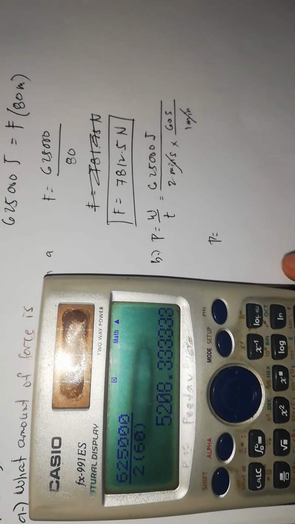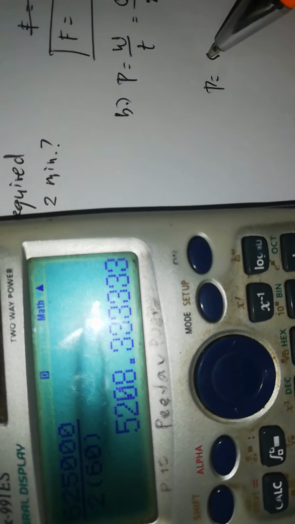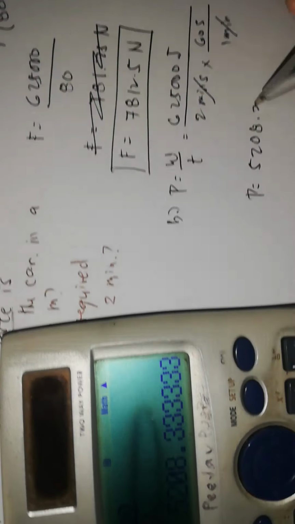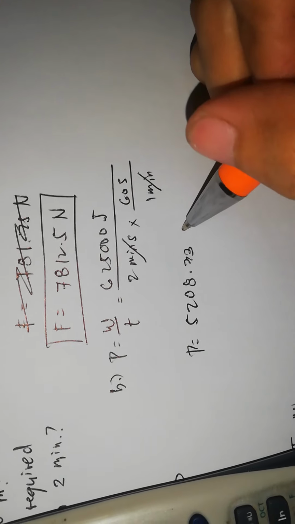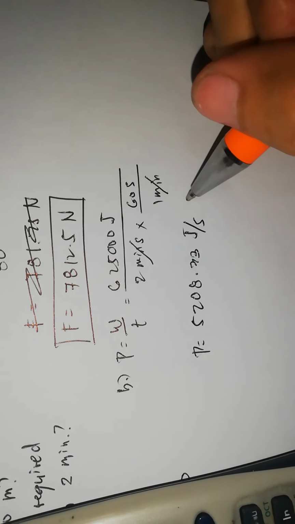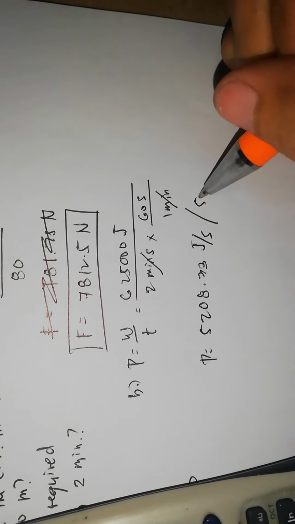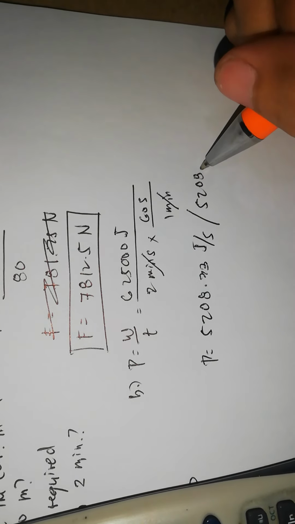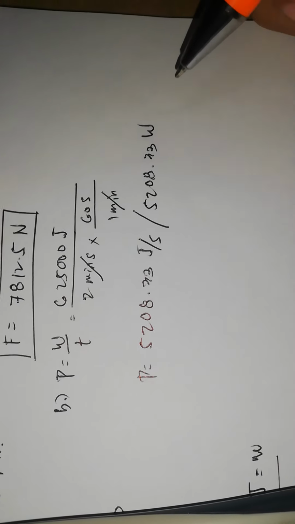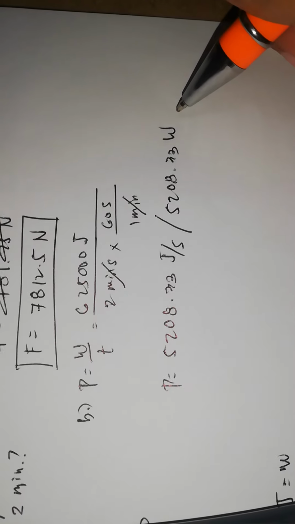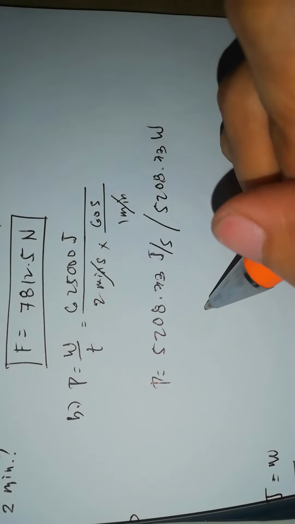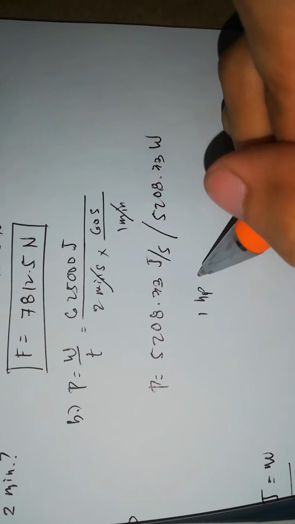So, we have the power, 5,208.33 joules per second, which is equal to watts. So, we can rewrite this as 5,208.33 watts.